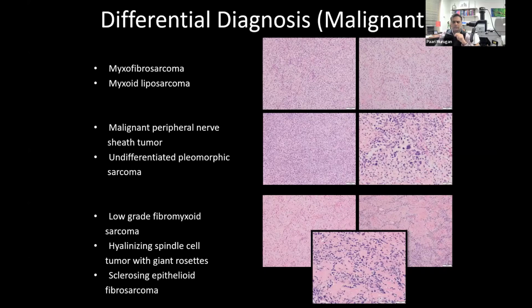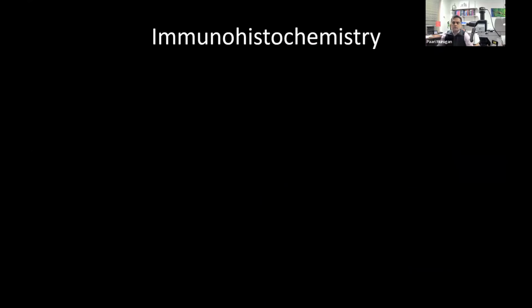So with these in mind, our next step would be the ancillary test, immunohistochemical study. I don't want to go through the whole list of all the markers we might be doing in this case. There is only one marker that will nail the diagnosis, and that marker would be MUC4, as many of you know. MUC4 is highly sensitive and has very good specificity for this particular tumor.